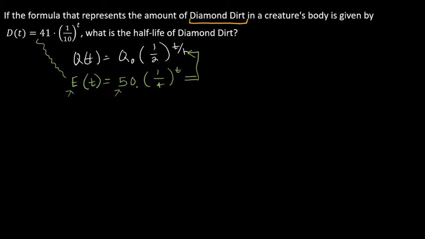The only thing that will look different is that Q of 0 I know is equal to 50, so I'll plug in 50, and then I'll actually have h solved for. All right, that's the direction I'm going in. I know I want to get it so that I have this h exponent dividing my t. So once again, I'm going to take E of t equals 50, and let's act like we're zooming in on this part.